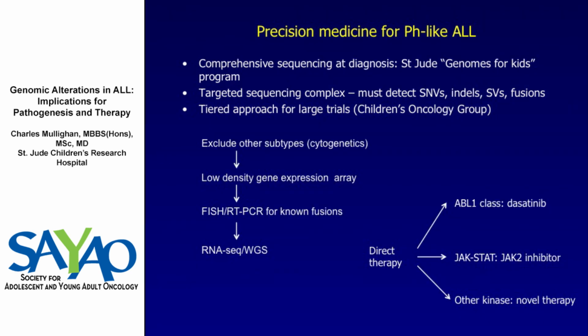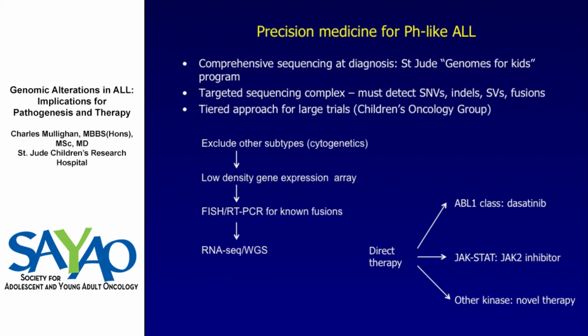And just showing the basics of this, the goal here is to exclude other subtypes initially that we know are never PH-like, and of the remaining cases to screen them with a targeted gene expression array that was developed by Cheryl Willman's group at the University of New Mexico, just a small number of genes to identify the PH-like phenotype.